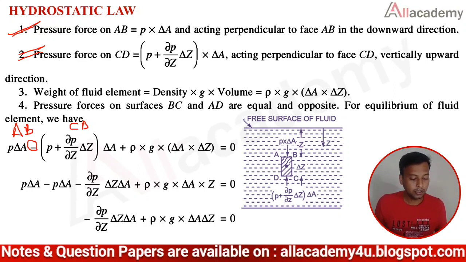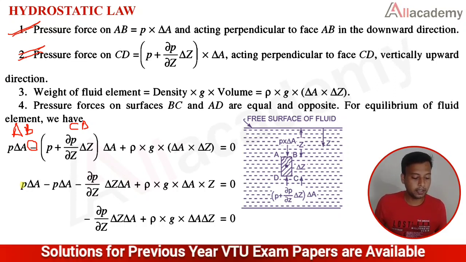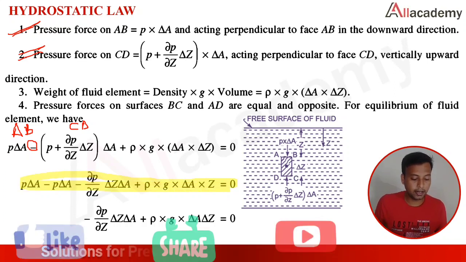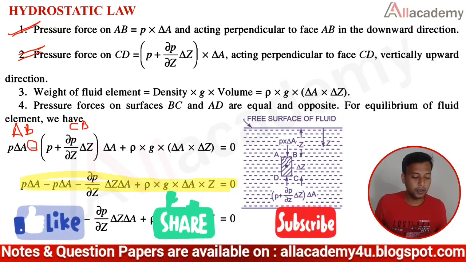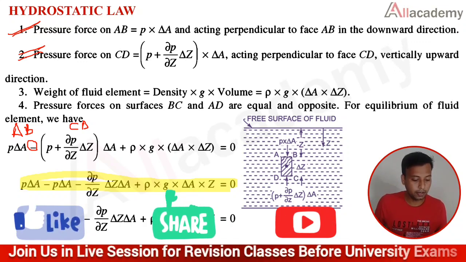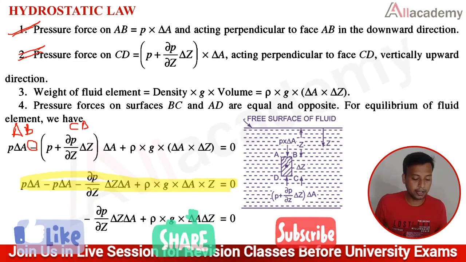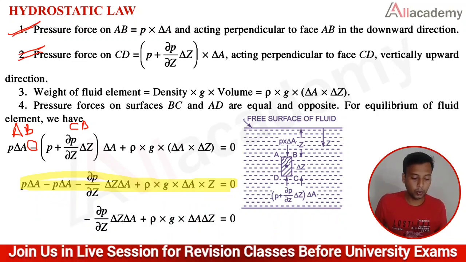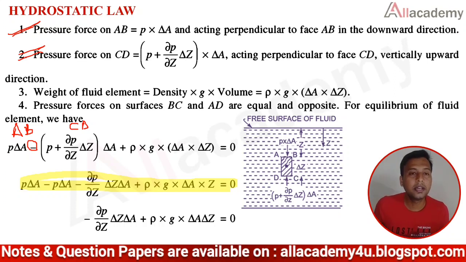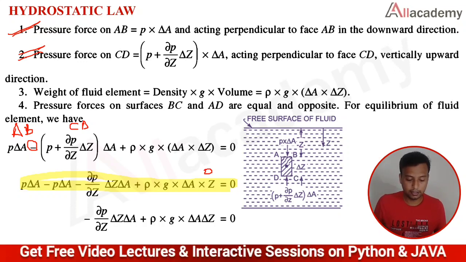Now if I simplify this whole equation, I will get P into delta A minus P into delta A, again minus, because minus into plus will be minus, dou P by dou Z into delta Z into delta A, then plus rho g into delta A into delta Z will be equal to 0.